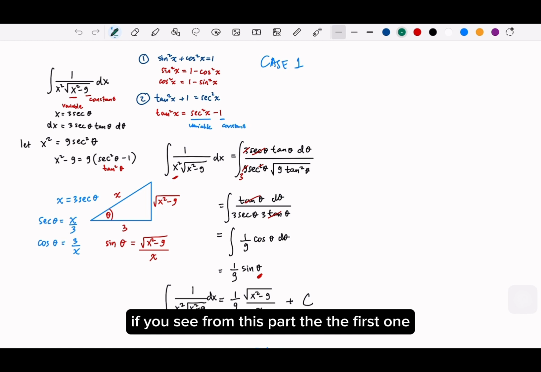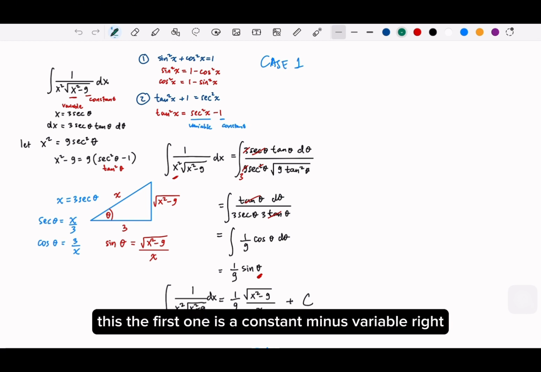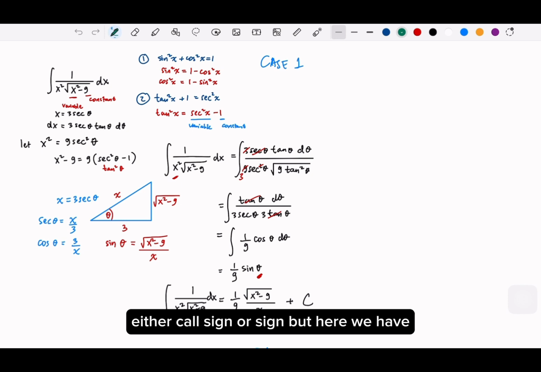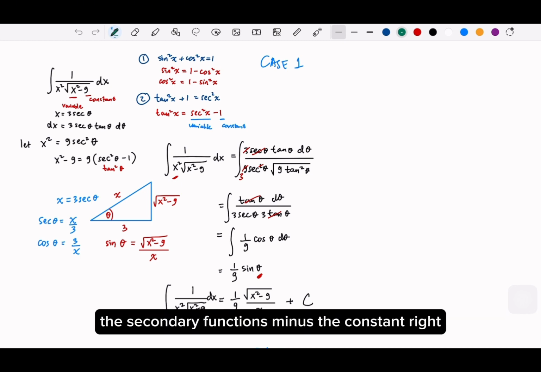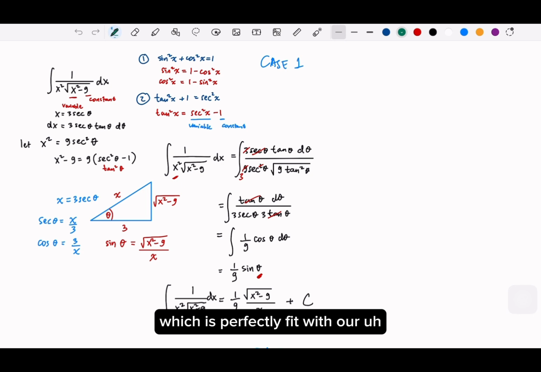The first identity gives a constant minus a variable, either cosine or sine. But here we have the trigonometric function minus the constant, which perfectly fits our function in this integration. We have variable minus a constant.